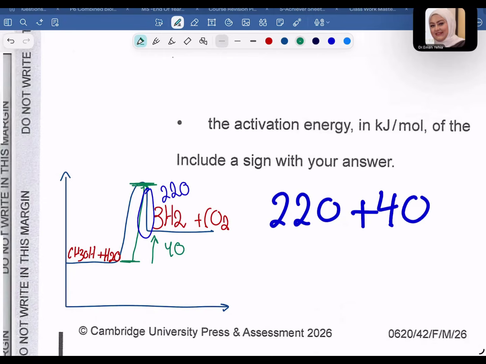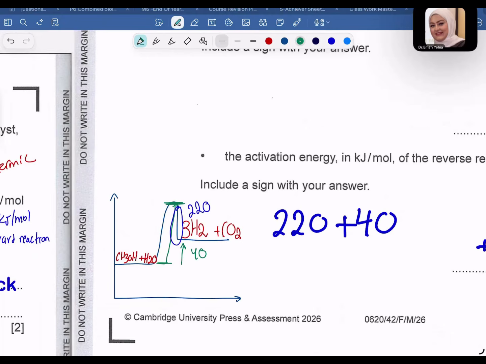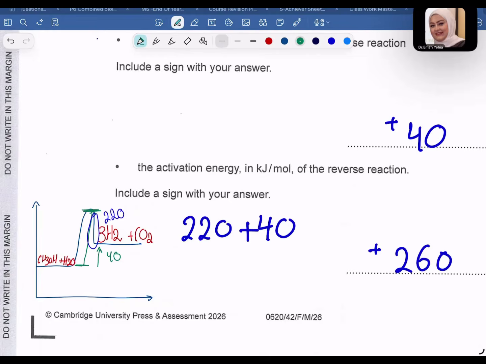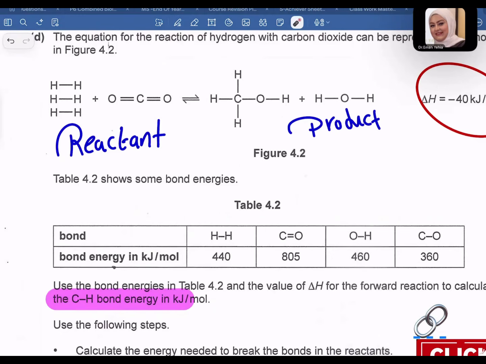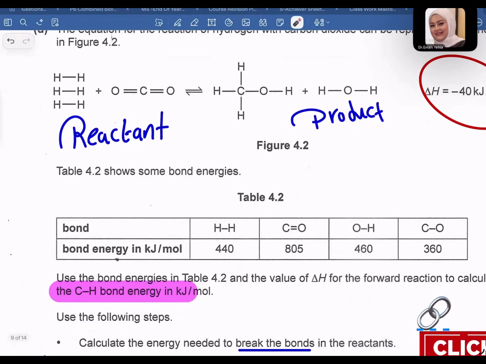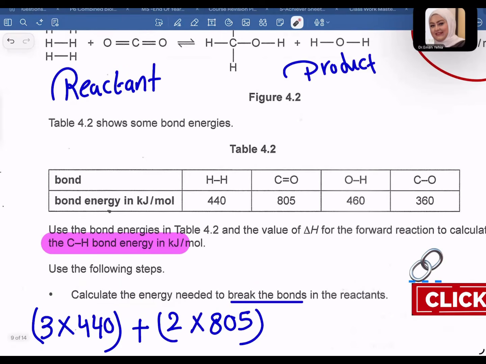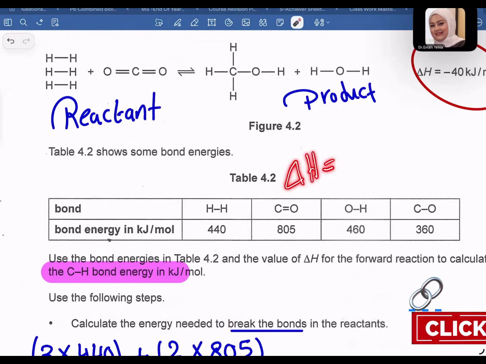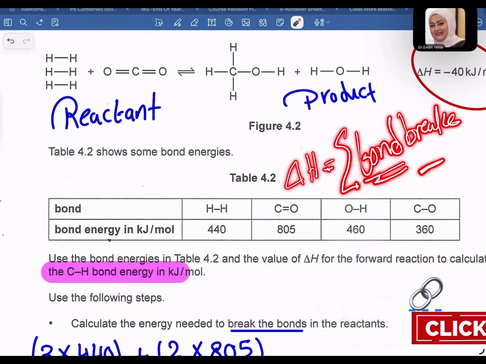Then next question. The equation of the reaction of hydrogen and carbon dioxide with delta H minus 40, the same equation, but we need to calculate the bond energy of CH. By the way, in this question, delta H, or the enthalpy change of the reaction, is the total energy required or absorbed to break bonds minus the energy released for bonds formed.